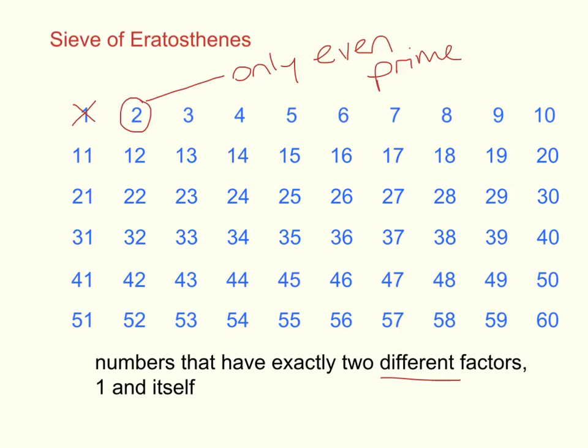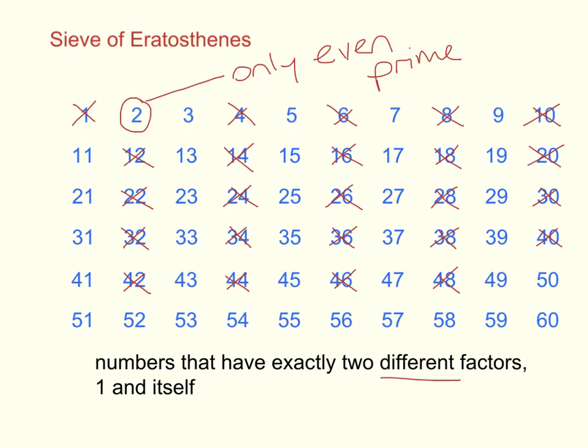They will all be divisible by 2. So, starting with 4, all the even numbers will be composite, so they are not prime numbers. This is how the sieve works. So I just cancel all these even numbers, which are not prime numbers.